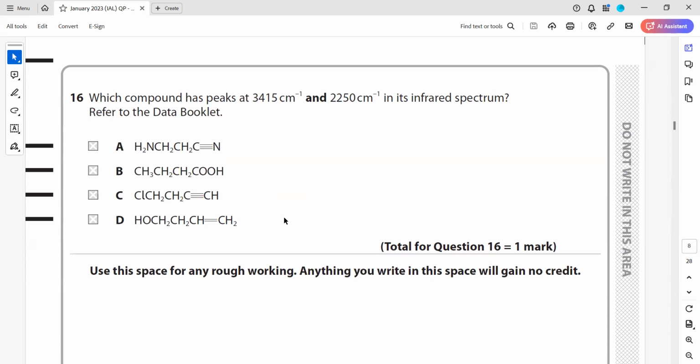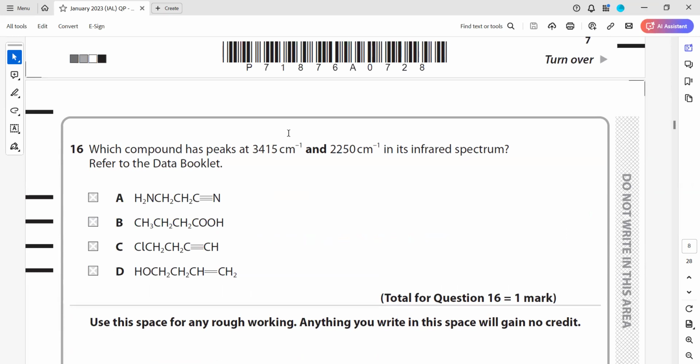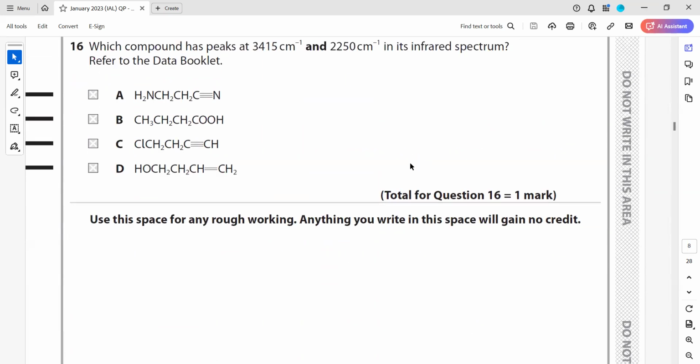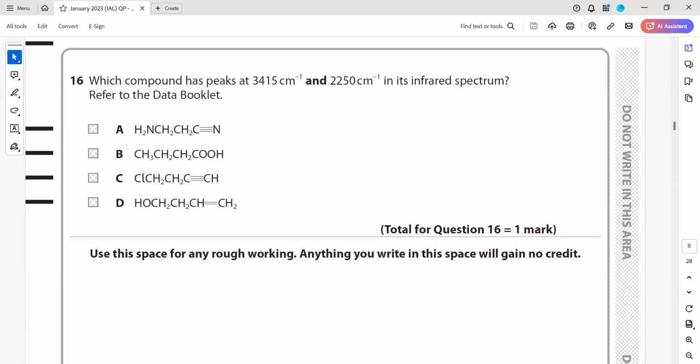Which compound has a peak of 3,415 and 2,250 in an infrared spectrum? Refer to the data booklet. So you have to use a data booklet for this. Using the data booklet, you have to identify which one it matches with, like the type of the bonds. Like 3,415, which type of bond is this? 2,250, which bond is this?